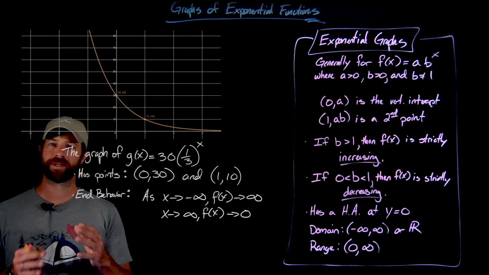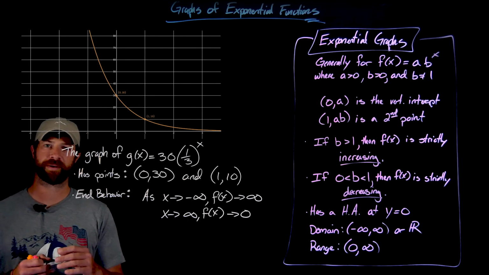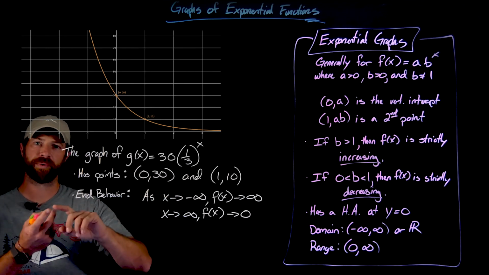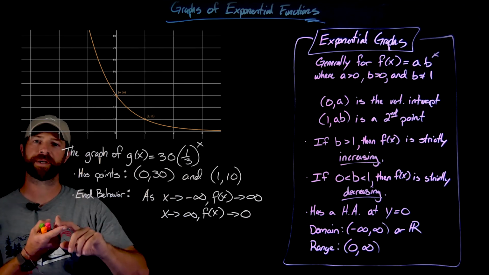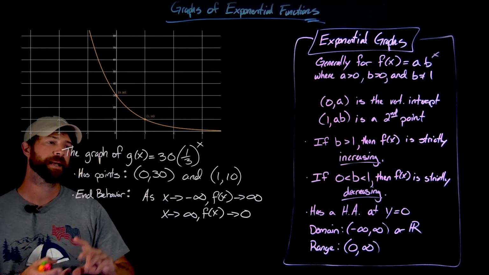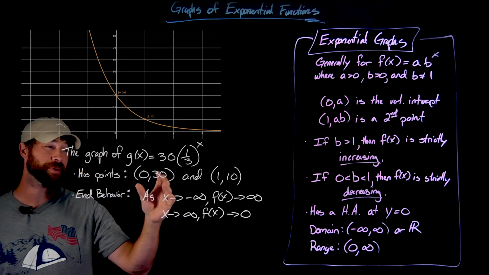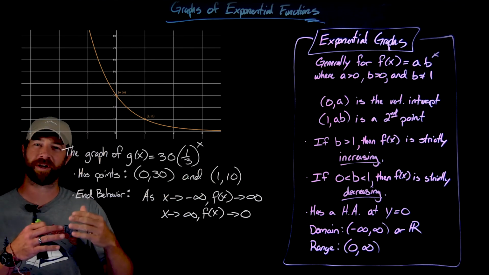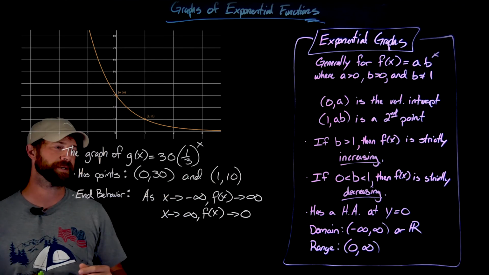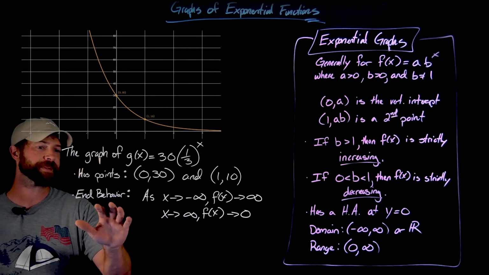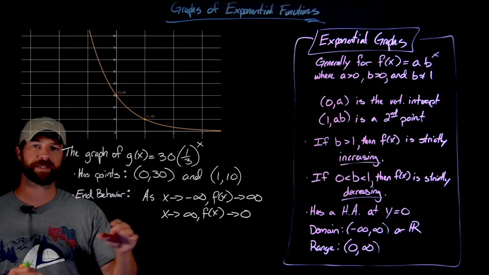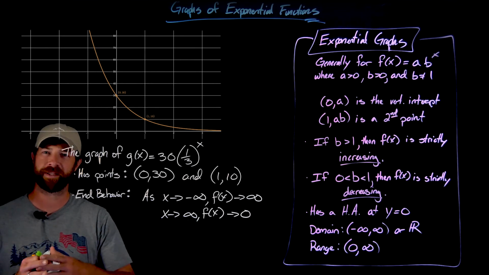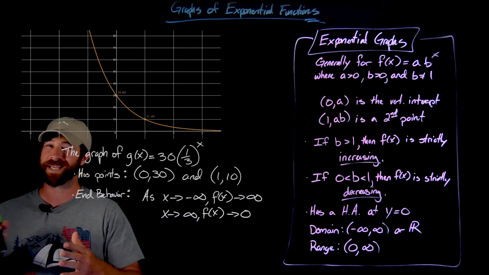So when thinking about the graphical representation of these exponential models, importantly, the first thing you look at is: is it a growth or a decay model? Is this b value bigger than 1 or between 0 and 1? Whether it's growth or decay, we get these first two points, but they should verify that thought. Is it an increasing or a decreasing function? And for all these exponentials, we do have a horizontal asymptote that affects our end behavior, but it's only on one half of the graph, either as we get big positive or big negative.